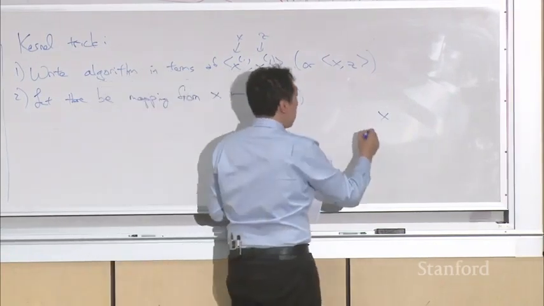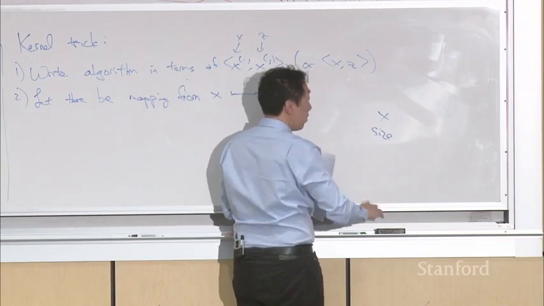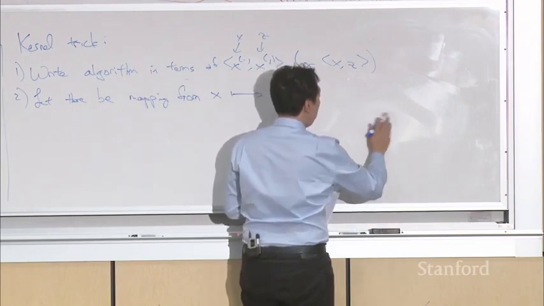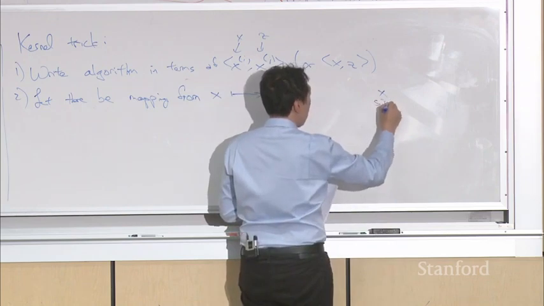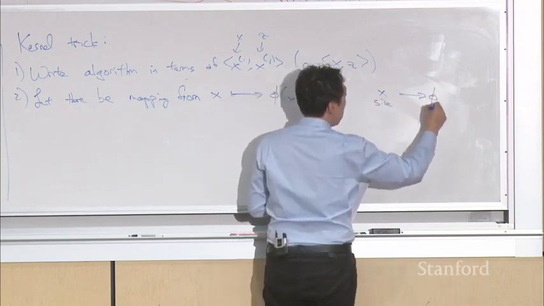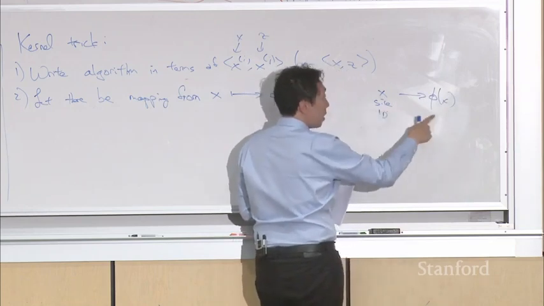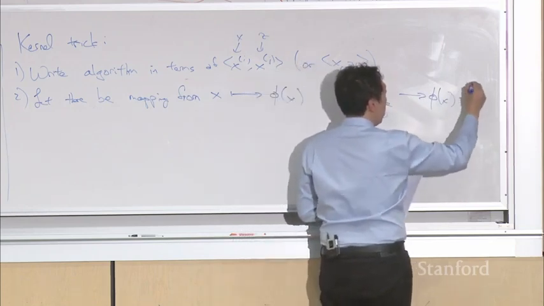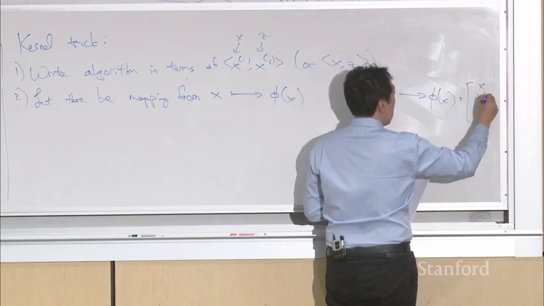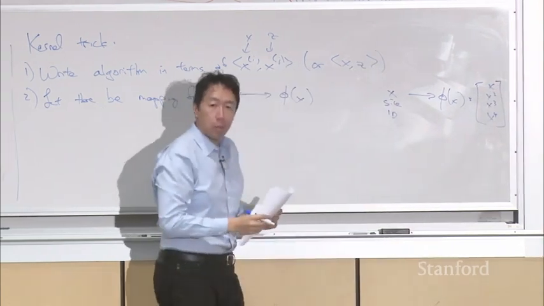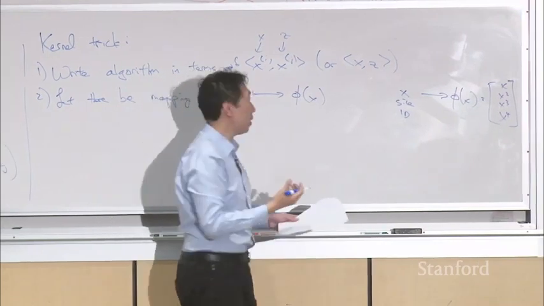Maybe x is the size of a house. You could take this 1D feature and expand it to a high dimensional feature vector with x squared, x cubed, x to the 4, and so on. So this would be one way of defining a high dimensional feature mapping.